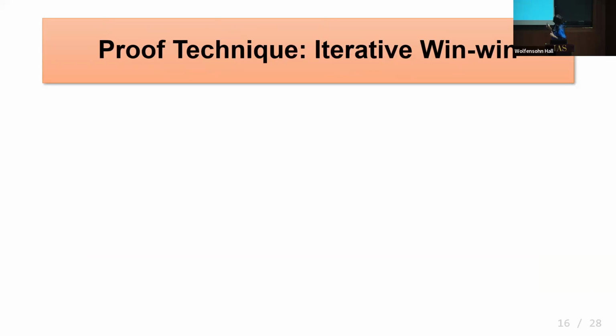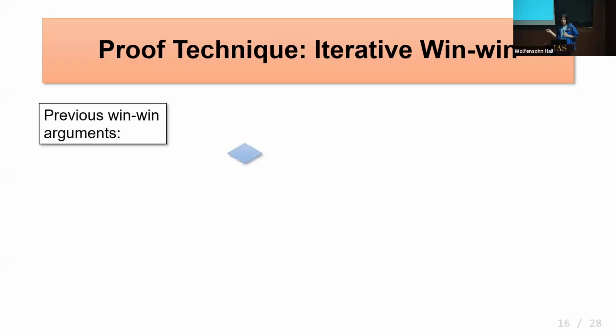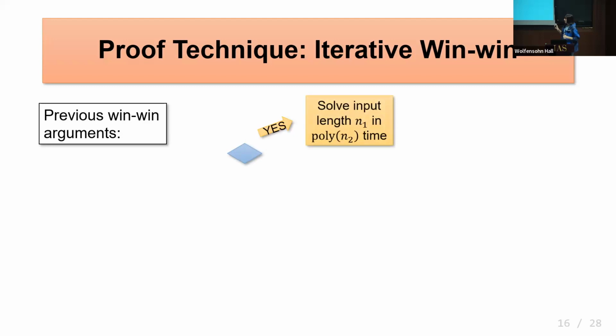In the rest of the first talk, I'll talk about the iterative win-win technique and how to use it to get a pseudo-deterministic polytime construction for dense properties in P. Roughly speaking, previous win-win arguments are like: we have some condition on instances N1 and N2.